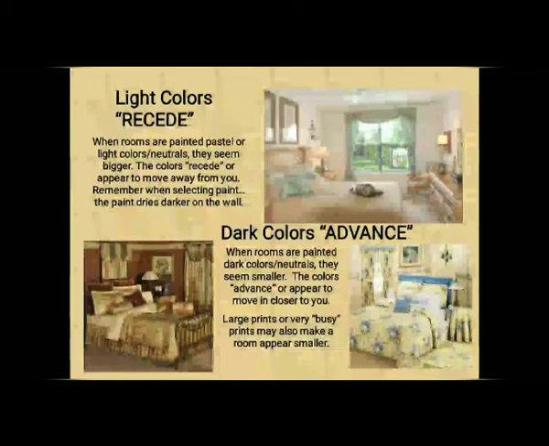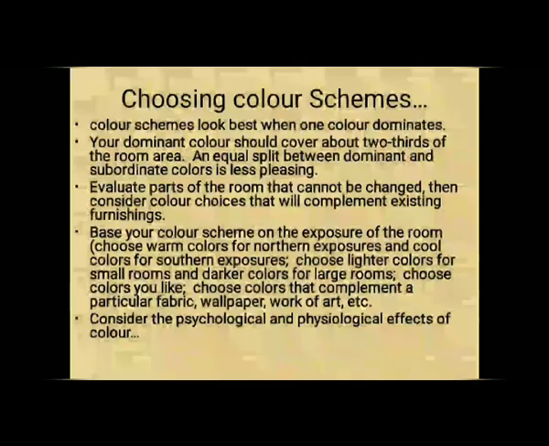So it's only a visual impact, an impact on your eyes and vision: the light color area appears bigger and the dark color area appears smaller. Okay, light color is called recede and it appears big, whereas dark color is called advance and it appears small, but the room size is not changed.